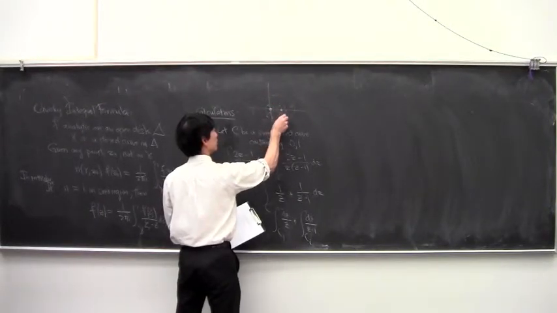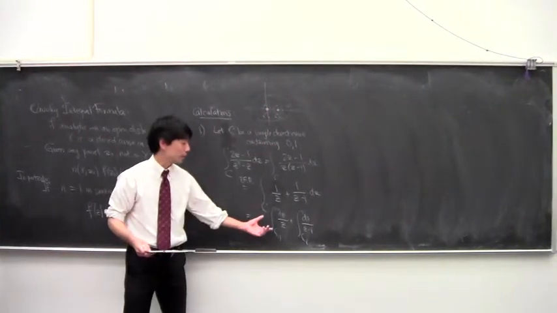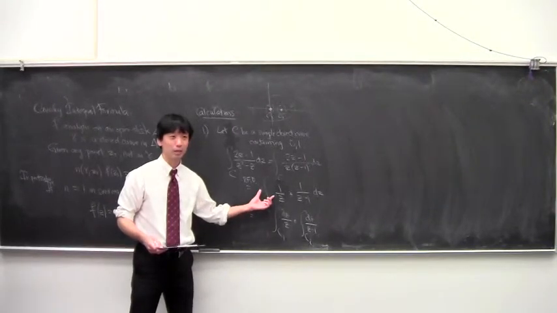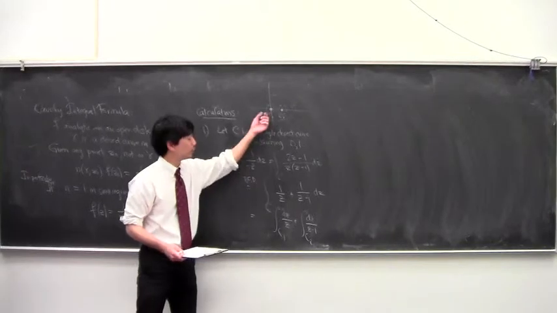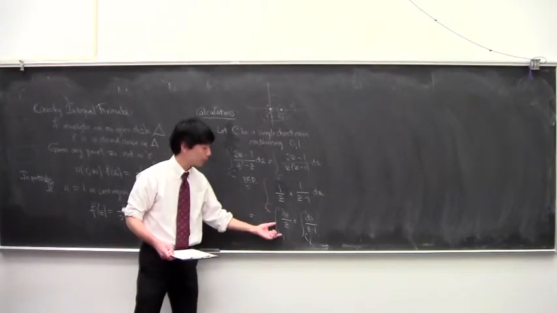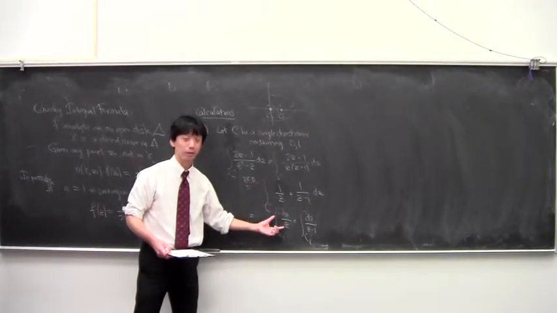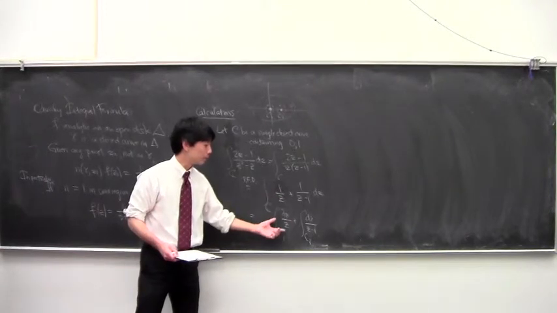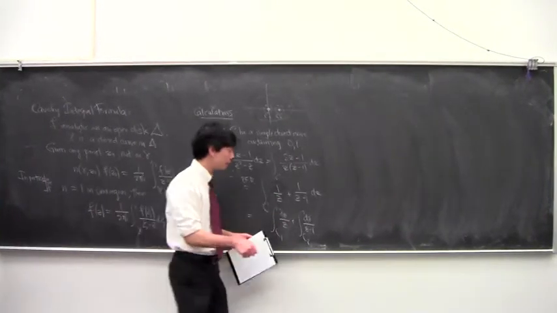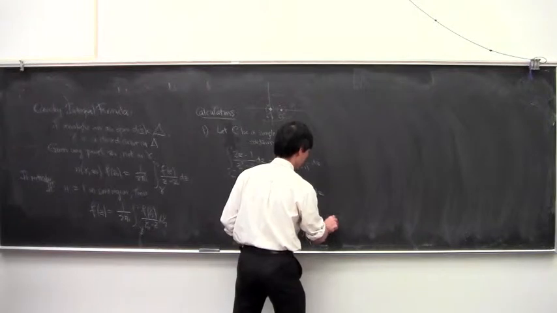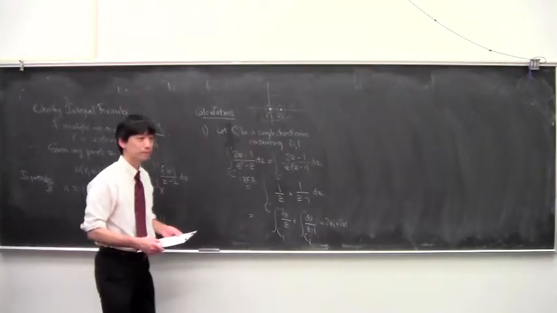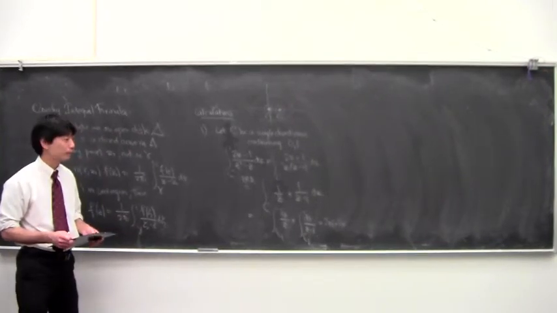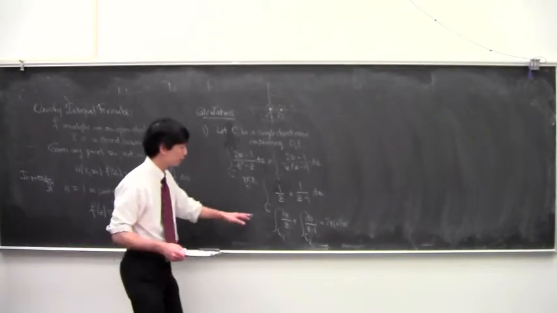So this would be a C1, this would be a C2. You deform it, and by path deformation, the homotopy theorem, you know that these are homotopic to each other, so you can deform one into the other and the integral doesn't change. And so you get 2 pi i plus 2 pi i. We saw this integral a long time ago.